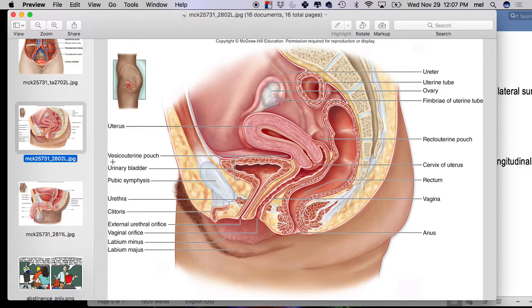Even in the early stages, it starts increasing blood flow to the uterus. And the uterus pushes down on the urinary bladder, and the urinary bladder pushes against the pubic symphysis, so it can't really expand upwards very well. Does that make sense? So you end up having to get up and pee 4 or 5 times a night, as if you weren't uncomfortable enough, right?